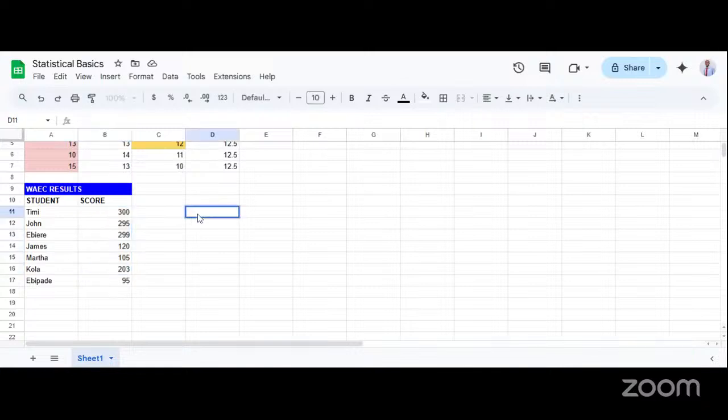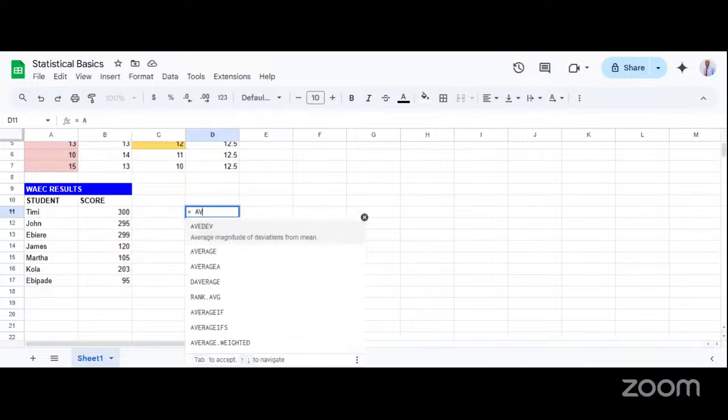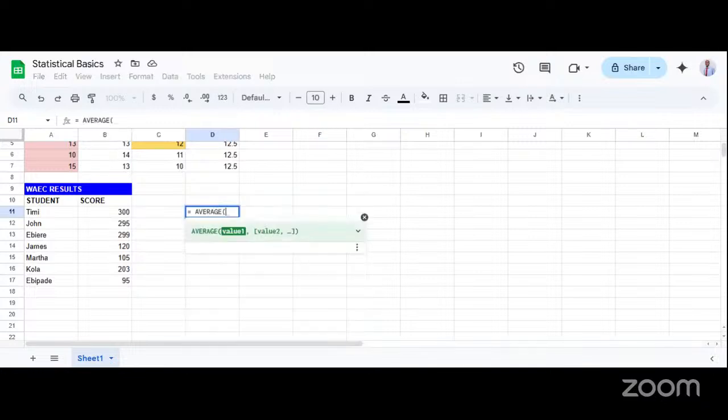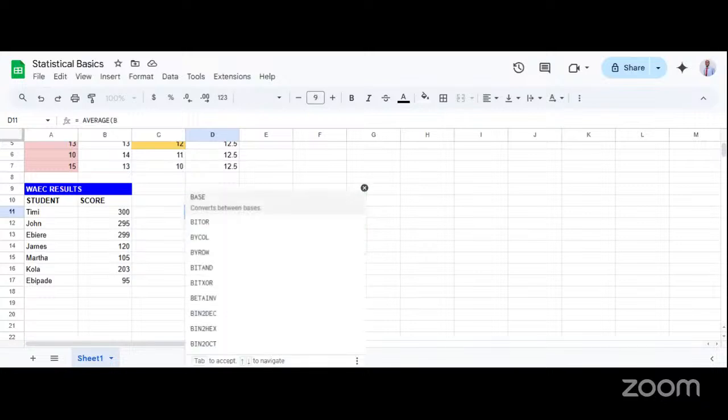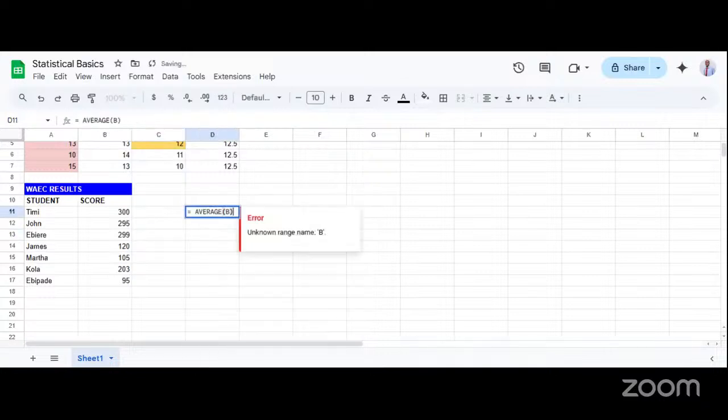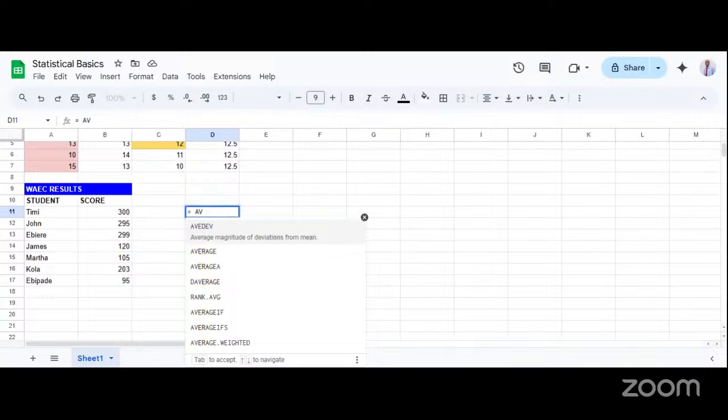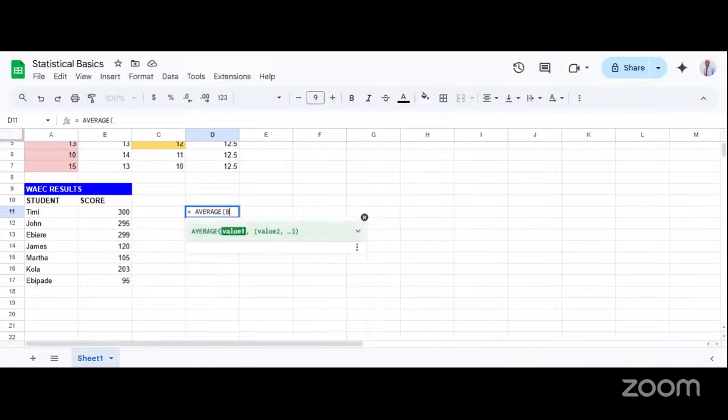So we can decide I want to calculate the mean using the average formula, right? Then we'll say B11 to B17.